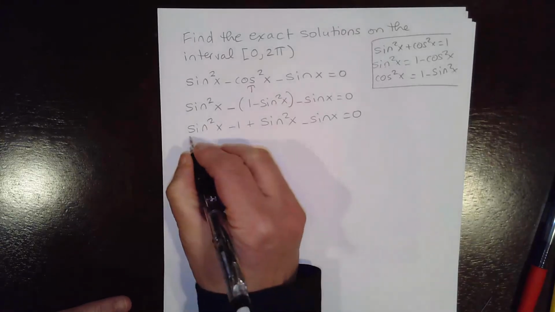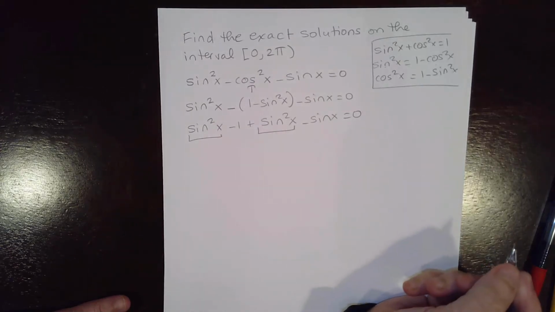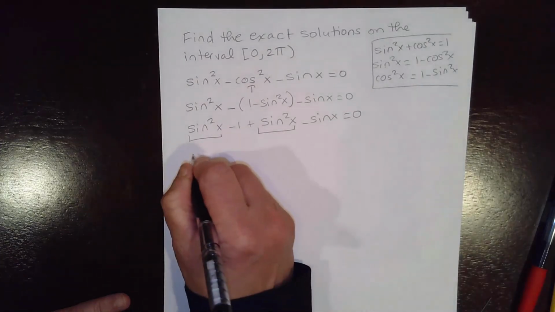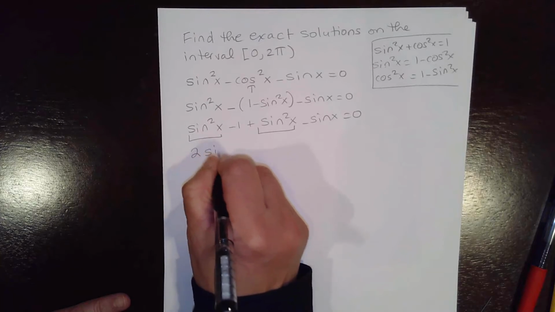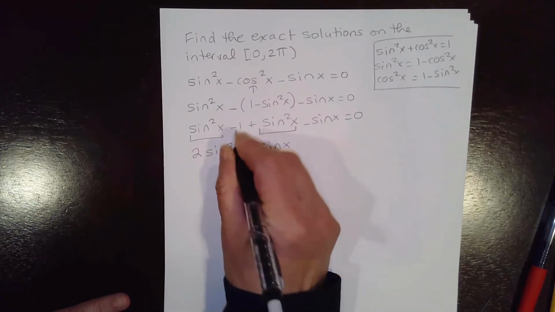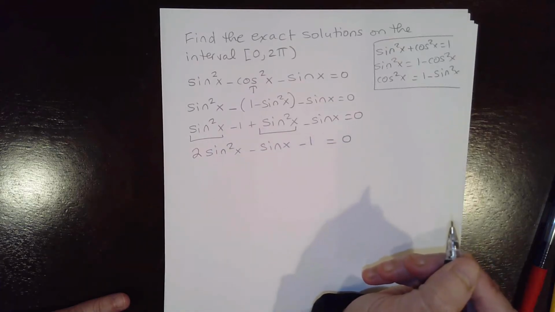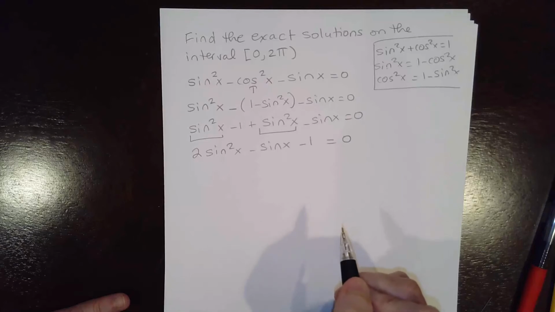Combining these together, sine squared x plus sine squared x gives us 2 sine squared x minus sine x minus 1, and that's equal to 0. So now we have a quadratic equation in sine x.